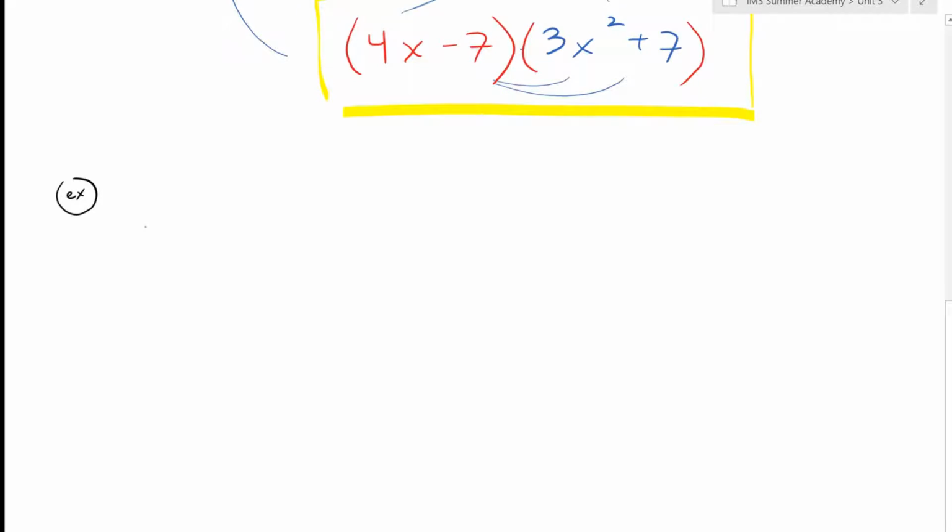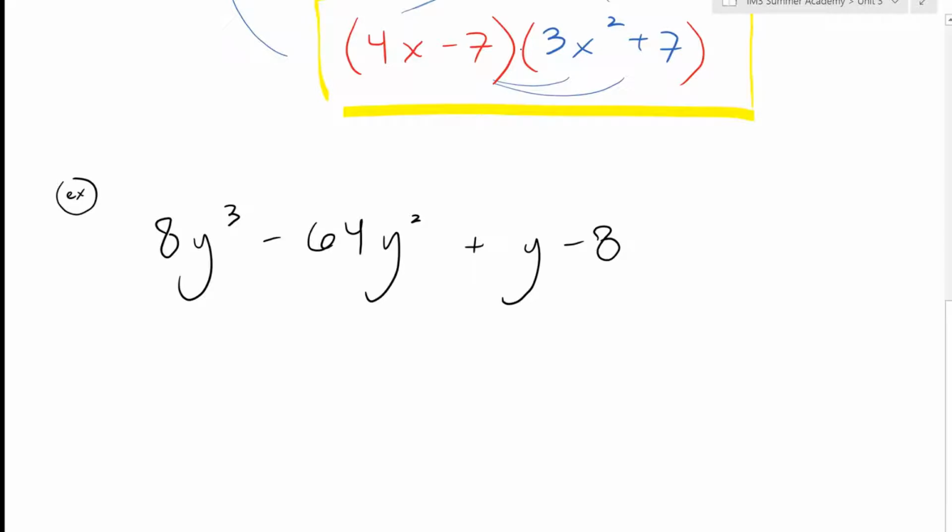Let's say we have 8y cubed minus 64y squared plus y minus 8. All right, so let's factor by grouping because we do have 4 pieces. It is in standard form, so group the first 2, group the second 2, leave this plus sign in between, GCF each piece.